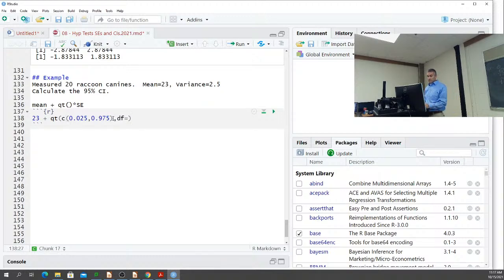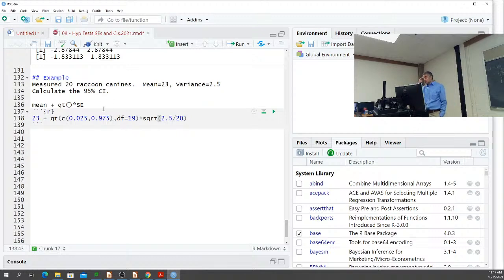Our degrees of freedom is 19, so 20 minus 1. Then we're going to multiply by our standard error, and we have to calculate this by hand. So our standard error is the square root of our variance, 2.5, divided by our sample size, 20.